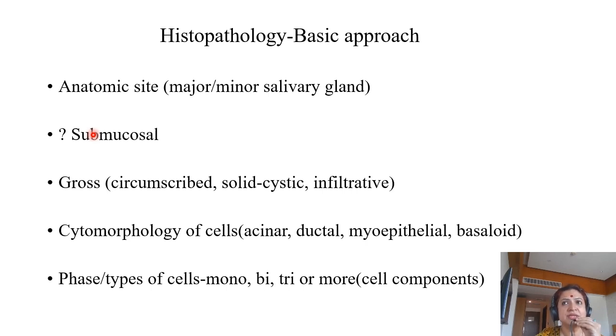A submucosal lesion should direct your attention to a salivary gland tumor, unlike a squamous cell carcinoma, which is usually ulcerated, indurated with mucosal involvement. Unlike that, a minor salivary gland tumor intraorally usually has a bulging mucosa with a submucosal tumor.